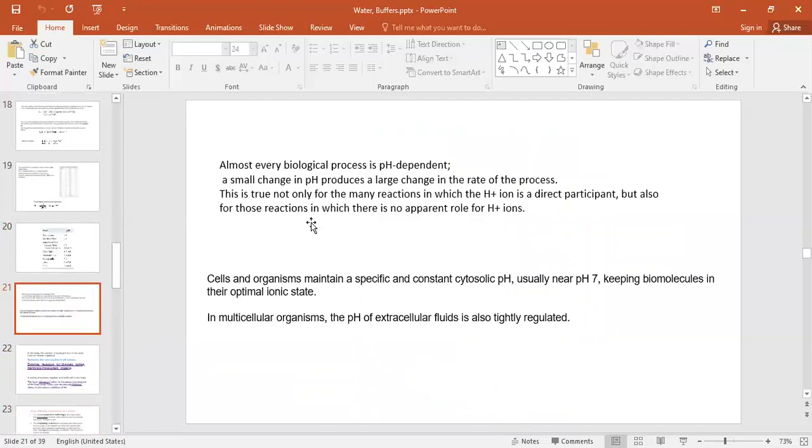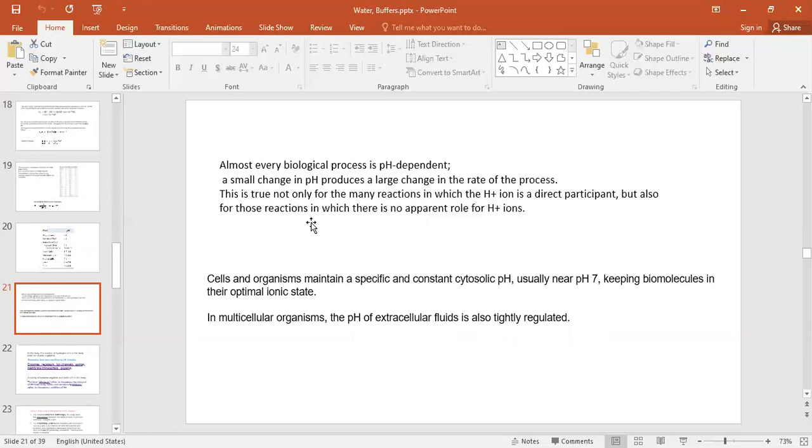So almost every biological process is pH dependent, and a small change in pH produces large changes in the rate of the processes. Because of this, cells and organisms maintain a specific and constant cytosolic pH, usually near 7, keeping biomolecules in their optimal ionic state.